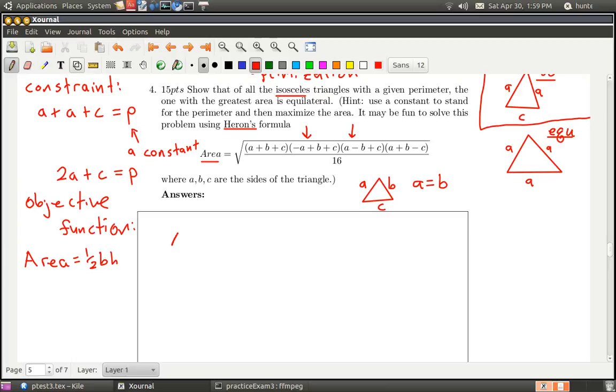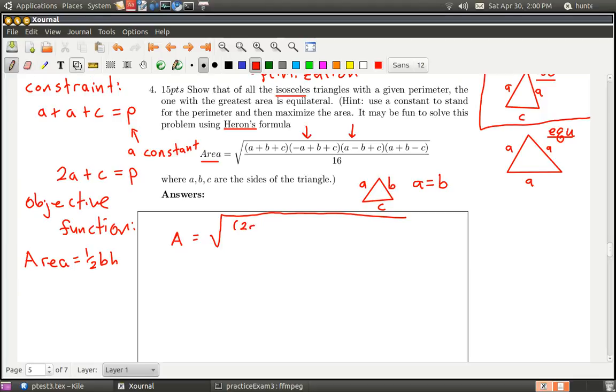So the formula, the objective function, the thing that we're going to maximize, right now we're going to write it in terms of two unknowns, but then later we're going to use the constraint equation to eliminate a variable. Okay, alright, so what is it? When I write it I'm going to keep in mind that A is equal to B, okay?